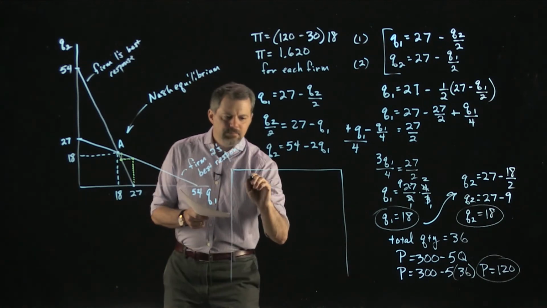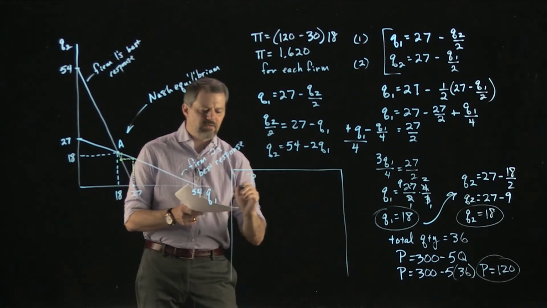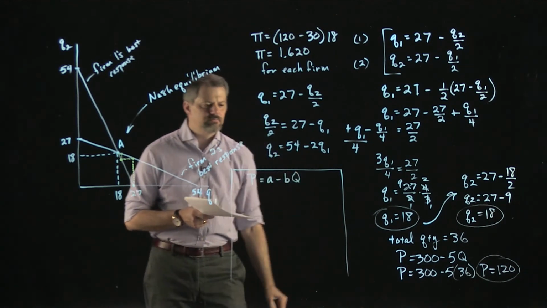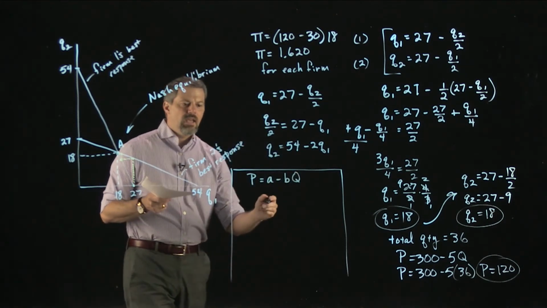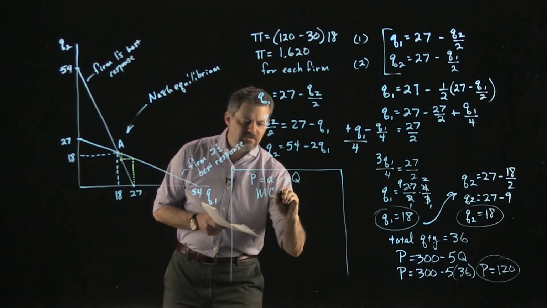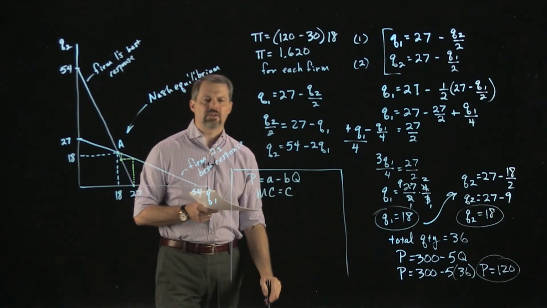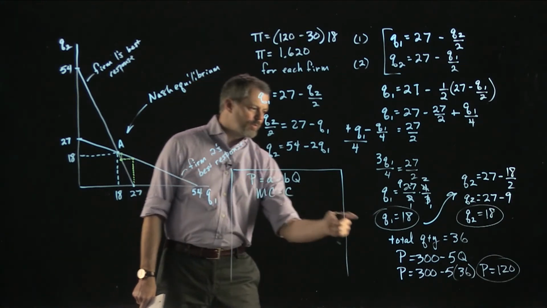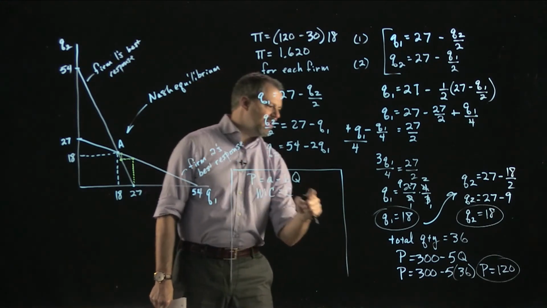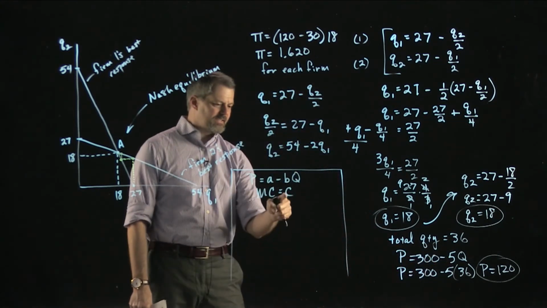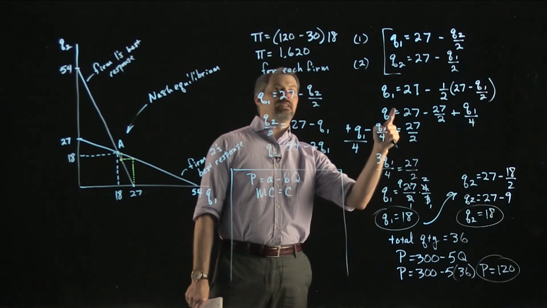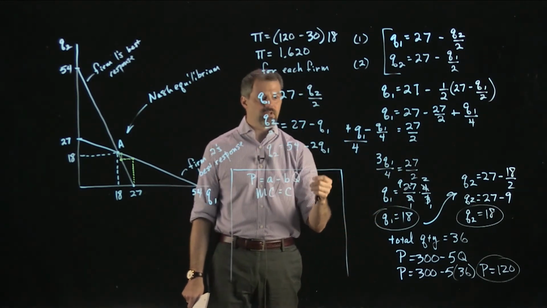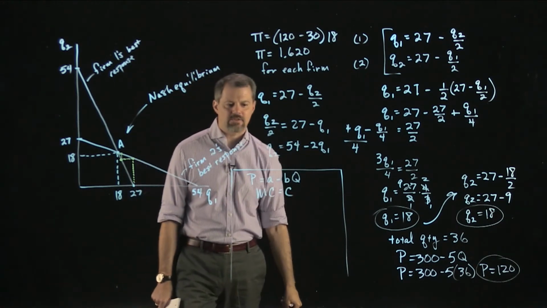If you've got an inverse demand curve that looks like this, P equals A minus B times Q, and you've got a nice simple marginal cost curve, marginal cost is just equal to some number C. So in our example, A was 300, B was 5, and C is 30, wherever that was. I don't know that I've still got it on the board anywhere. But our marginal cost was constant at 30.